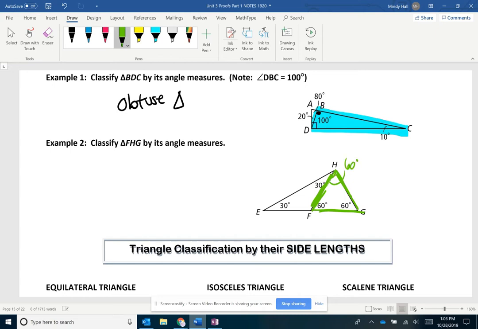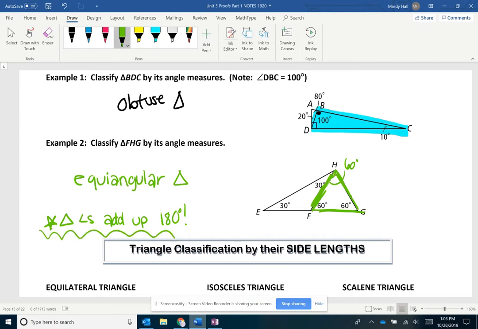So if all of the angles are 60, then that would make this an equiangular triangle. Okay, and if you want to note to yourself, triangle angles add up to 180 all the time, because that is going to be handy later on.